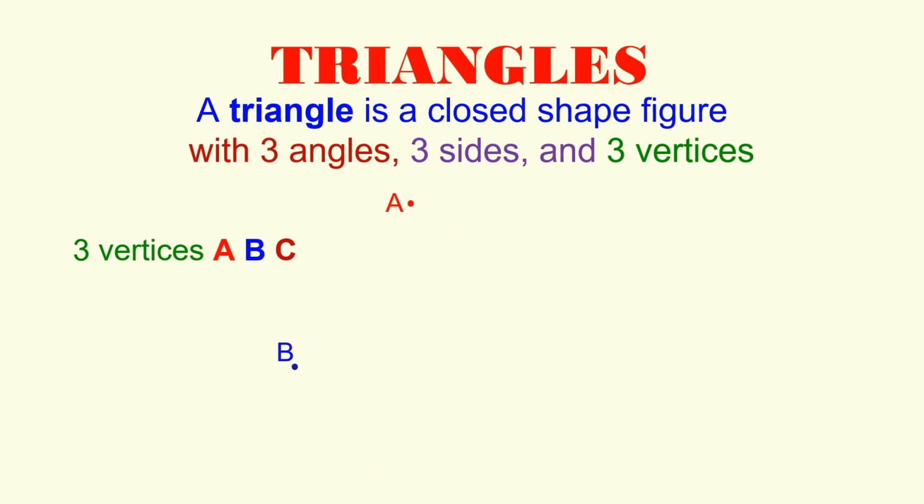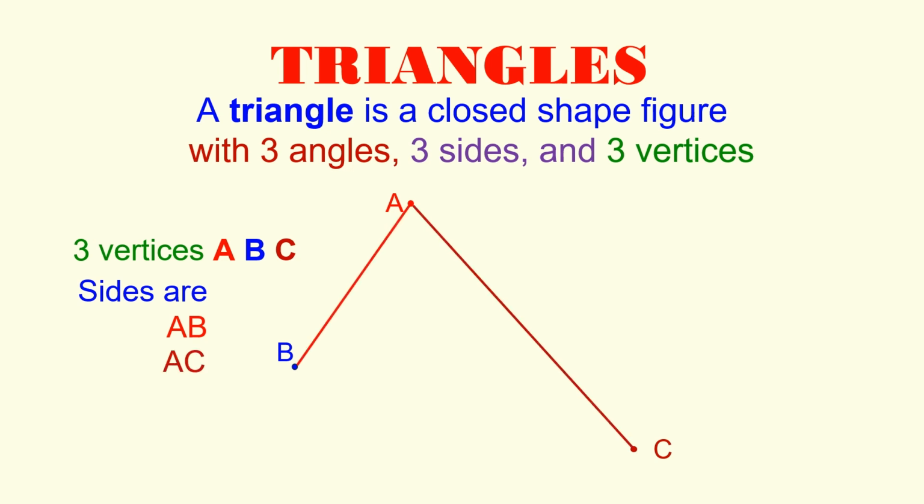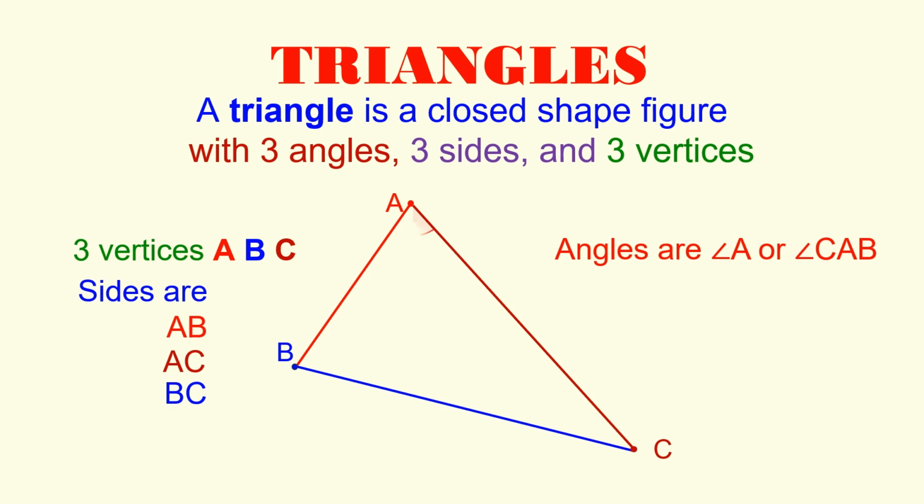The three vertices are A, B, C. Sides are AB, AC and BC. Angles are angle A, or angle CAB, angle B, or angle ABC, angle C, or angle ACB.